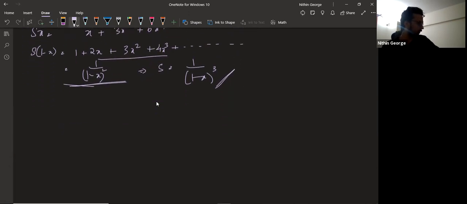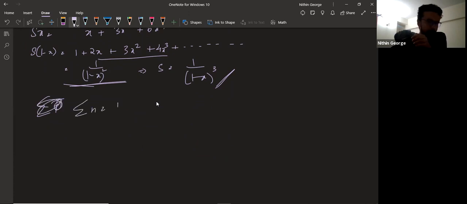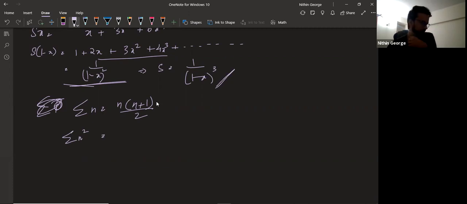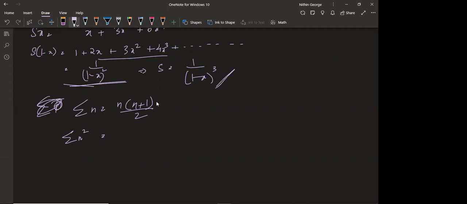Now we'll do some important summations. This chapter is almost over. So summation of n will be what? n into n plus 1 by 2. Summation of n square will be what? n into n plus 1 into 2n plus 1 divided by 6.